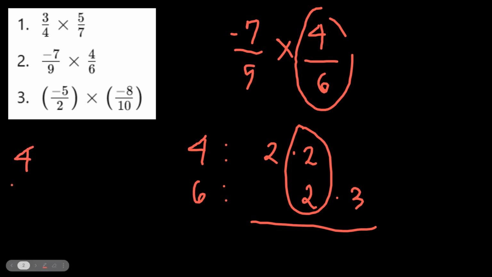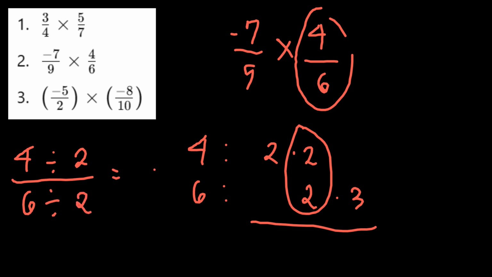For 4 over 6, you can divide both the numerator and denominator by 2. So 4 divided by 2 is 2, and 6 divided by 2 is 3. We're just showing a different approach to get our answer, which is negative 14 over 27.